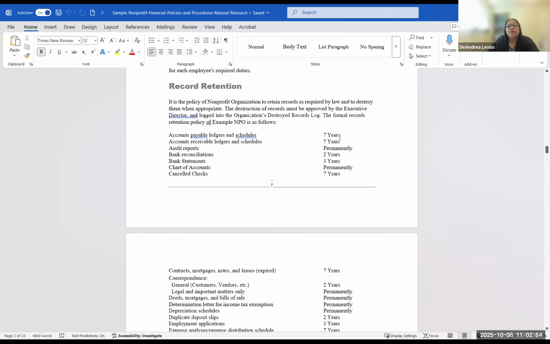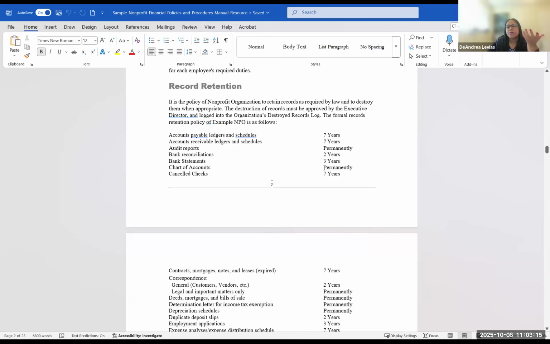So remember, the county only requires you to keep stuff for 6 years, but GAAP requires things like accounts payable and accounts receivable to be kept for 7 years. Audit reports are required to be kept permanently. Bank reconciliations and statements, 2 years here and 3 years here.